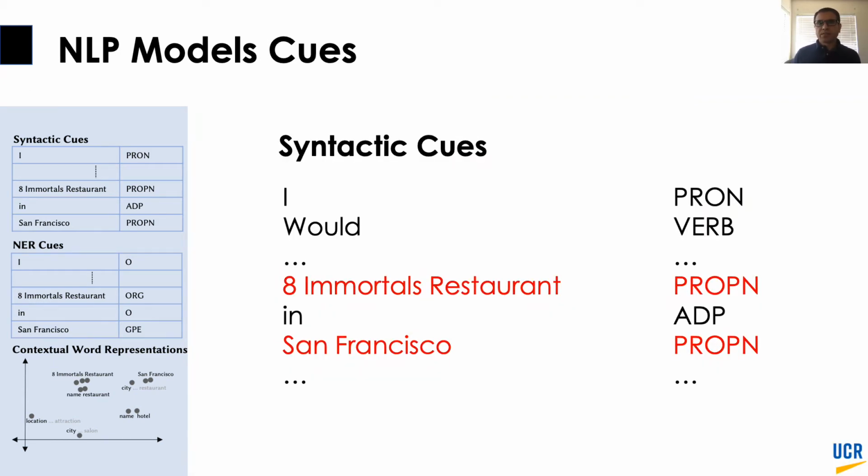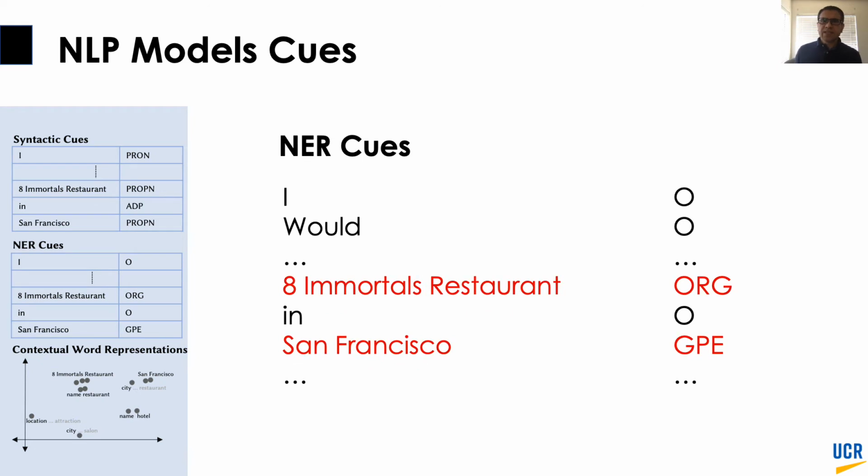POS tags provide initial information on the possibility of a word being a slot value. For example, proper nouns are usually slot values. Similarly, NER taggers also provide information on specific entities.